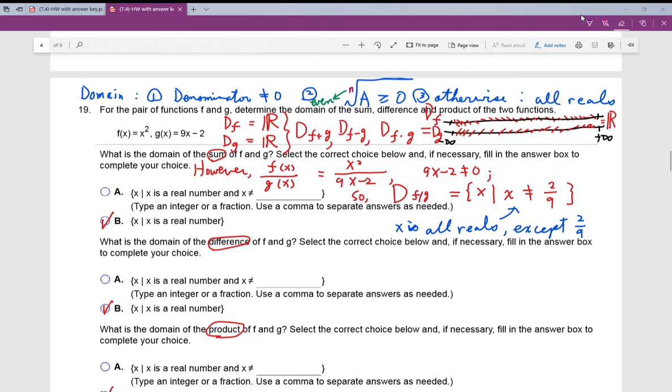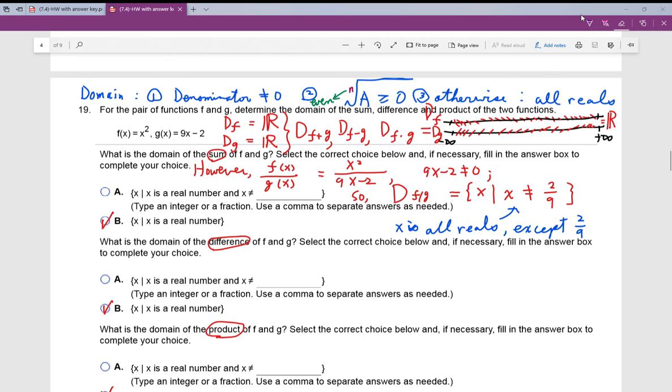It's a little hard because when you have two functions, they individually have their own domain, and when you add them together, how do you find their domain together? Let me use a graph to explain more easily.